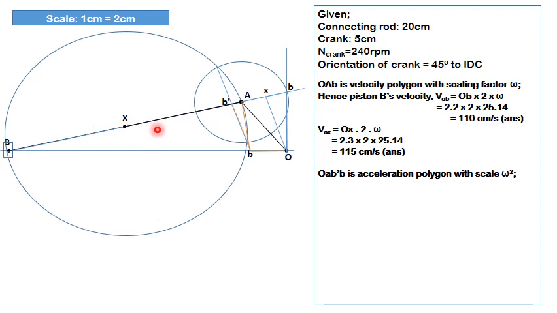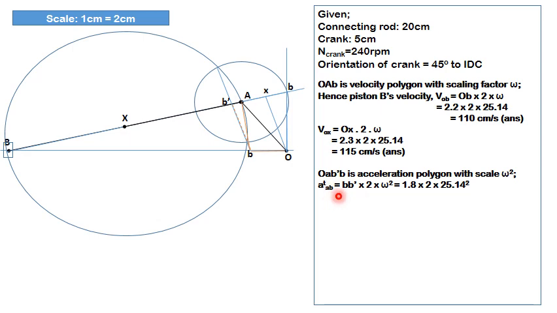You already know tangential acceleration is given as R alpha. Now I need to find the alpha for this connecting rod. So I need to know the tangential acceleration. When I divide it by the length of the link, I will get the angular acceleration of this link. That tangential acceleration is represented by BB'. So measure BB' and apply this formula.